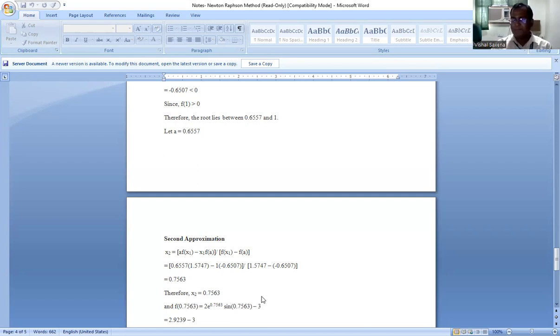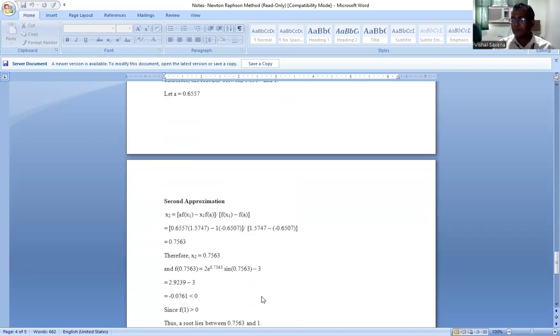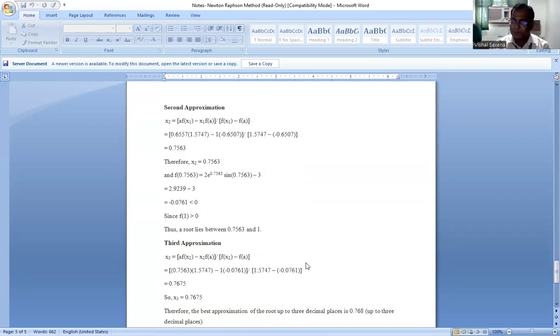Because x1 and x2 are not very close to each other, we have to apply our method further, until the two last values become very close to each other. So now we go for the third approximation, where x3 is given by (a f(x2) minus x2 f(a)) divided by (f(x2) minus f(a)).